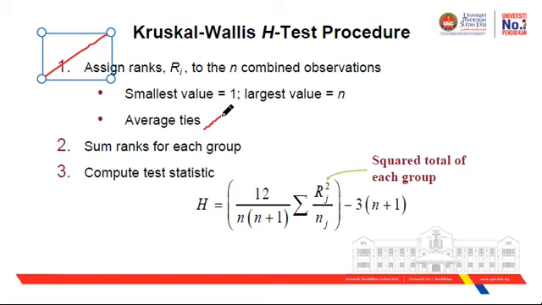Second, sum the ranks for each group and then compute the test statistic. Here Rj squared is the total sum of ranks, which you square and divide by the sample size for that category or group.